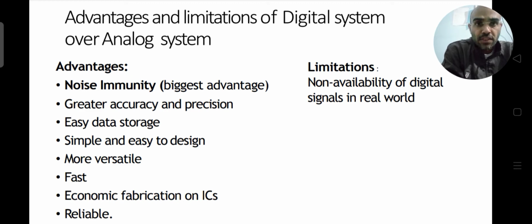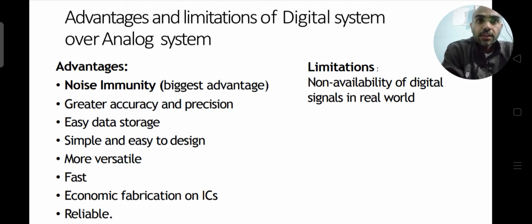Whereas if the system has to handle only two levels, or fewer levels, then the system design will also be easy and more accurate and precise. This is the reason digital systems are more accurate, precise, simple and easy to design.